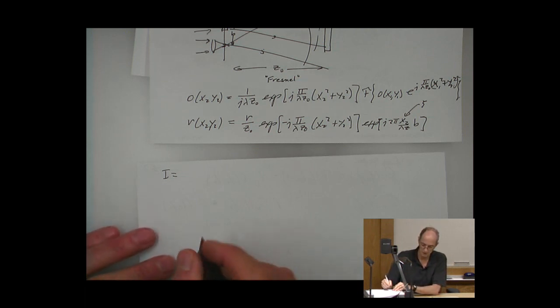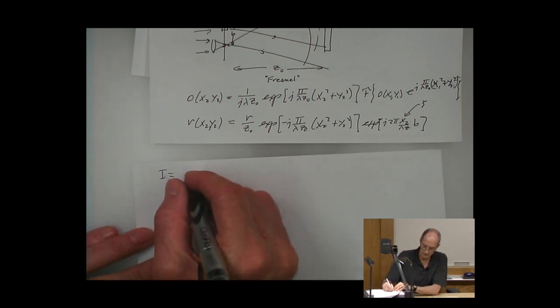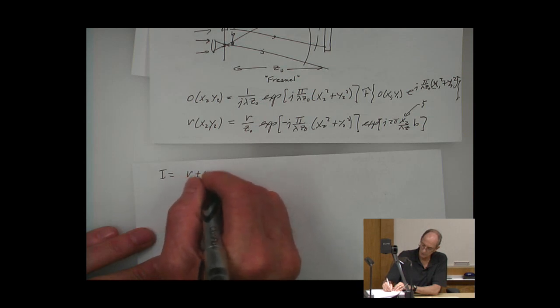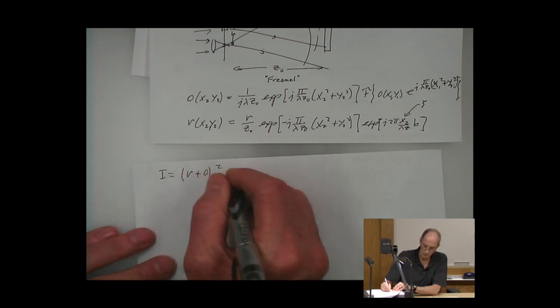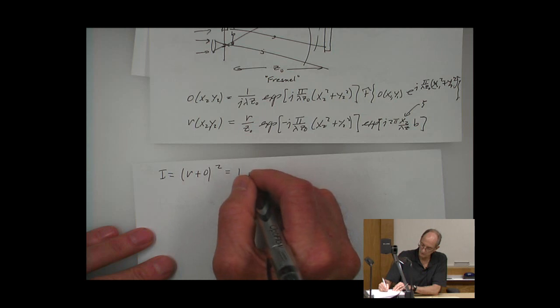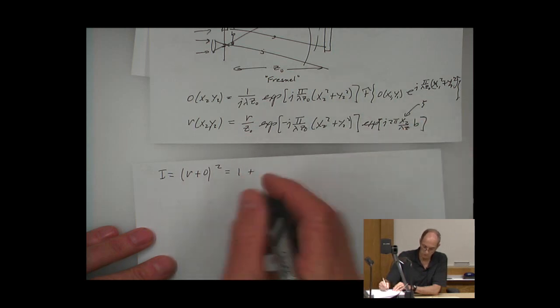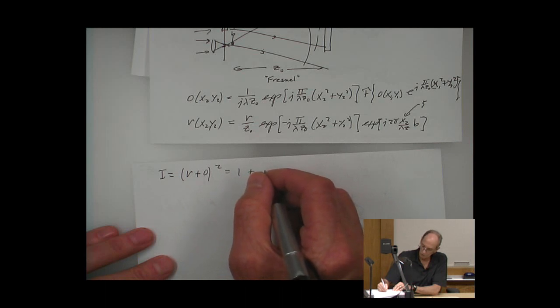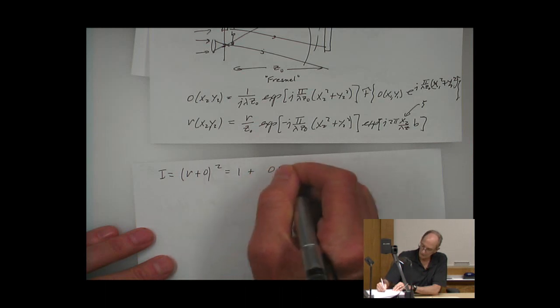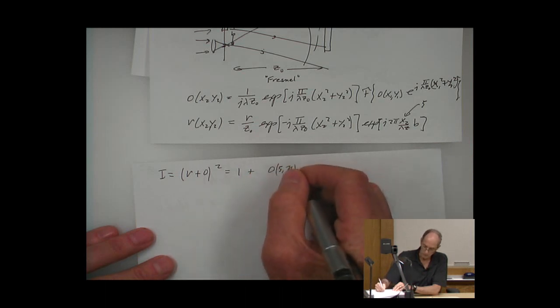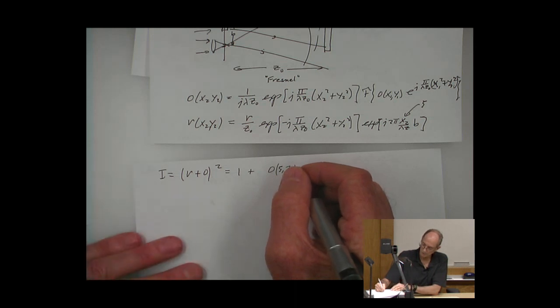So we have for our intensity, again, R plus O squared is equal to 1, and we'll use these spatial frequency coordinates here, chi and eta, where eta is y2 over lambda z.